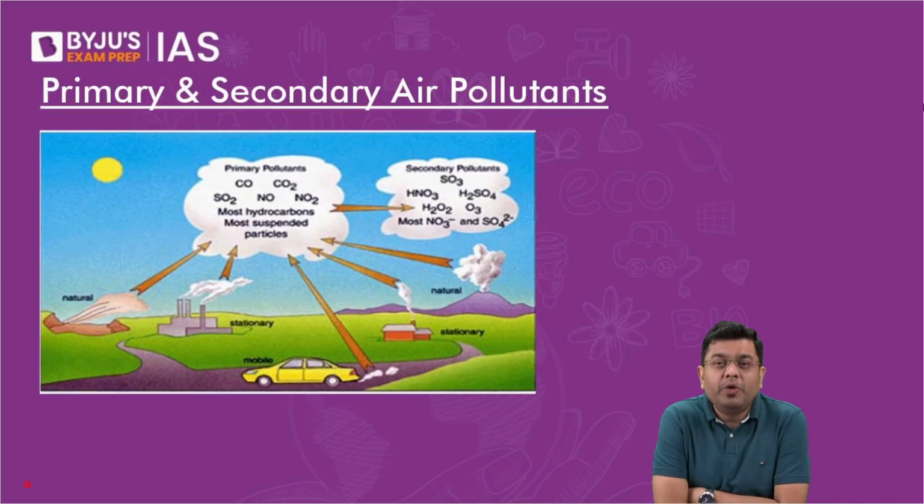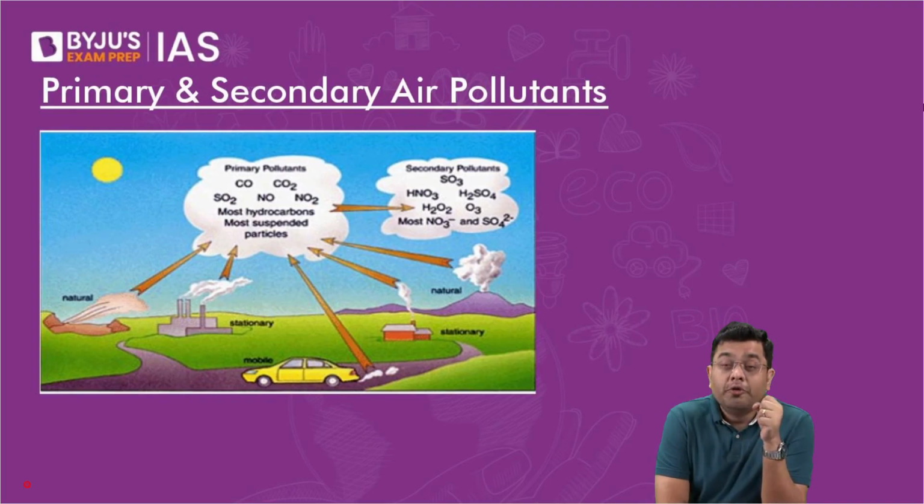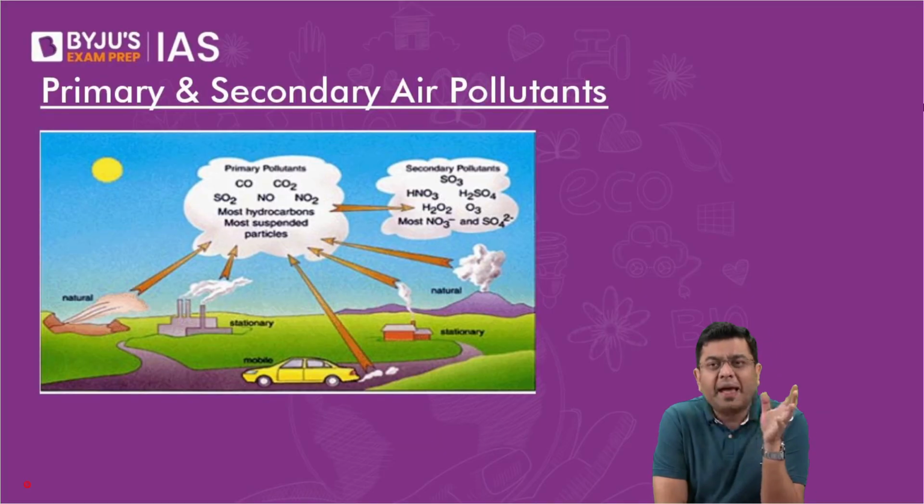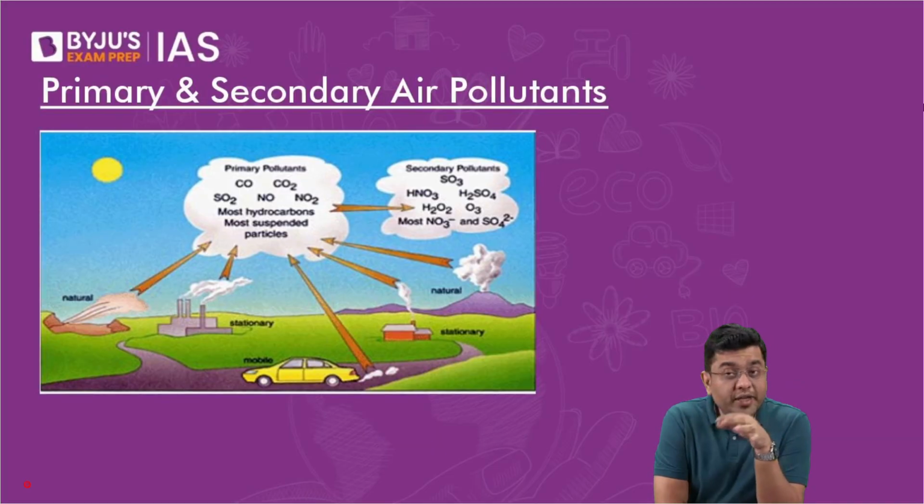What is that ground level ozone? How is it produced? Then how does that ground level ozone help to produce photochemical smog, something that you observe commonly in almost all the Indian cities? Photochemical smog is different from your normal smog and fog events that you experience. That is something that we are going to study.